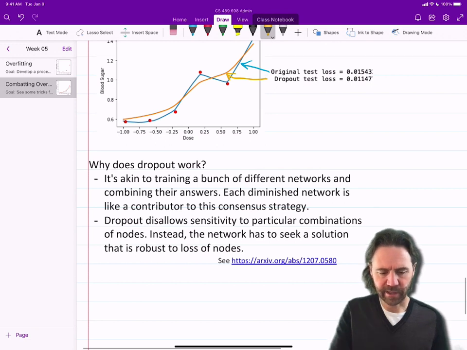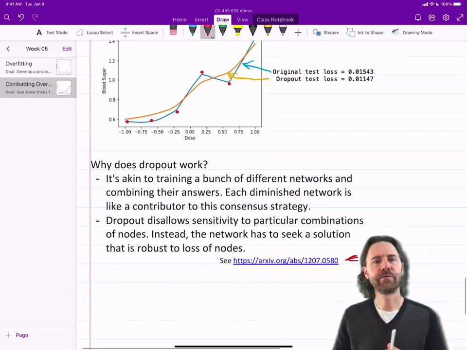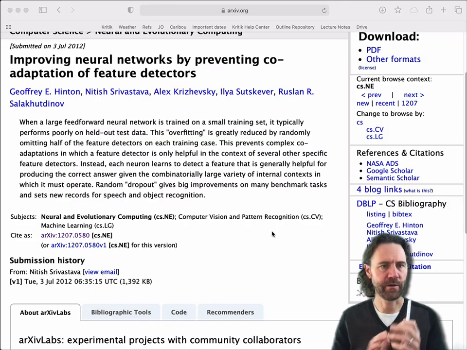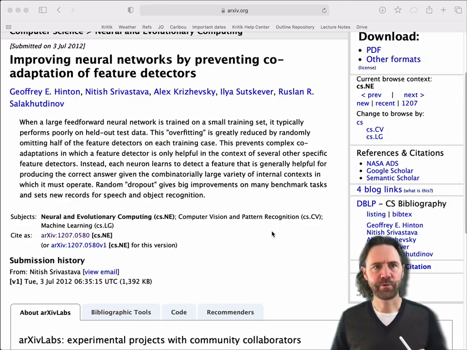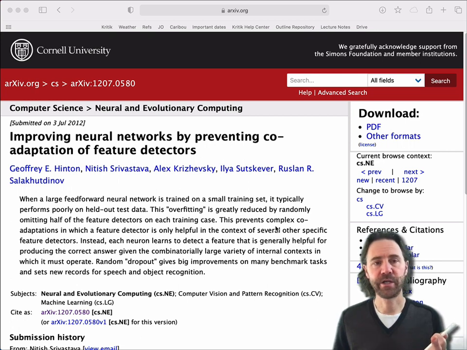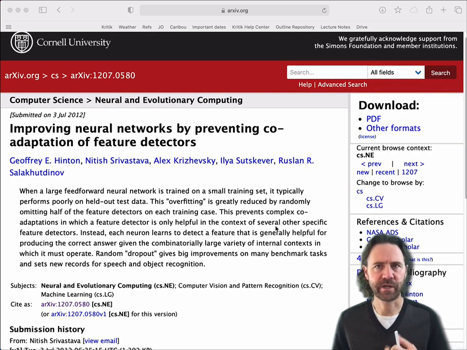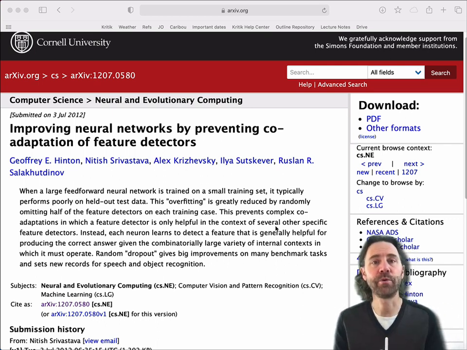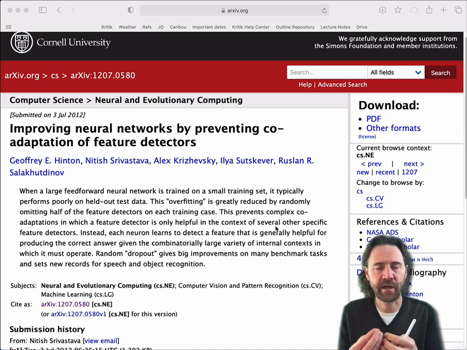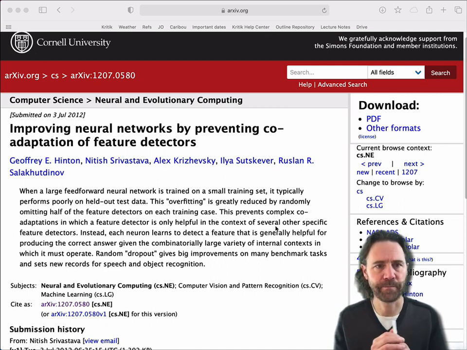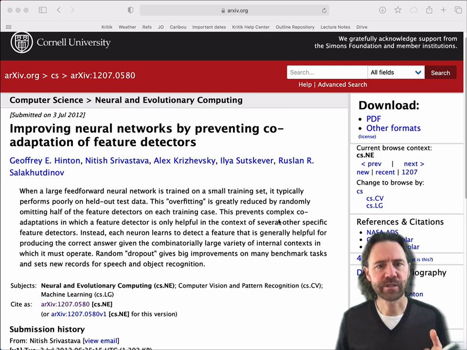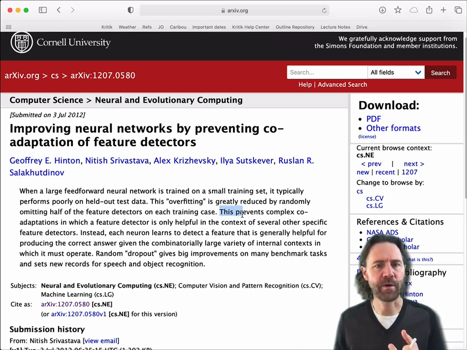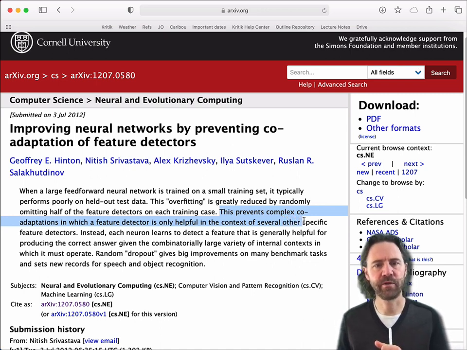If you click on this link here, it will take you to a paper that I'm showing here. It's Improving neural networks by preventing co-adaptation of feature detectors. A feature detector is kind of like a hidden node, I guess you could say, recombining all the information from the input into some feature that can be useful for classifying. So I like this idea of co-adaptation. Dropout prevents complex co-adaptations in which a feature detector is only helpful in the context of several other specific feature detectors.